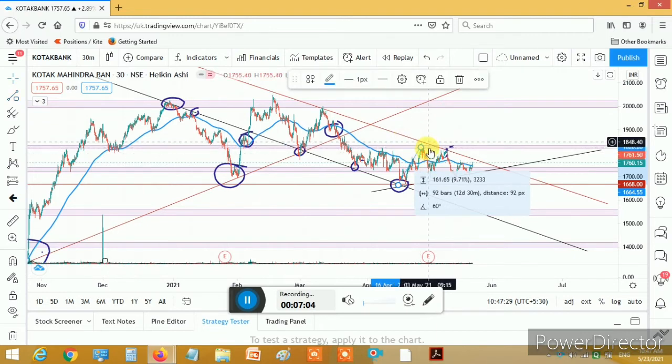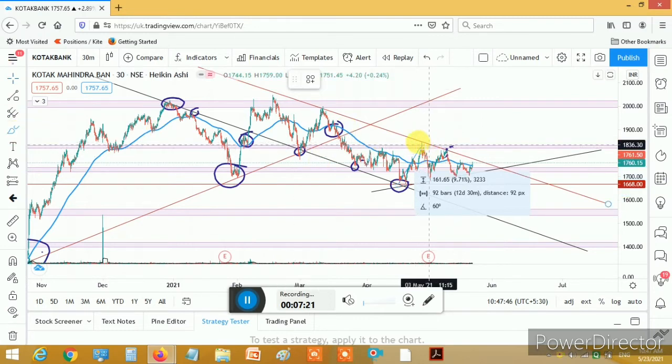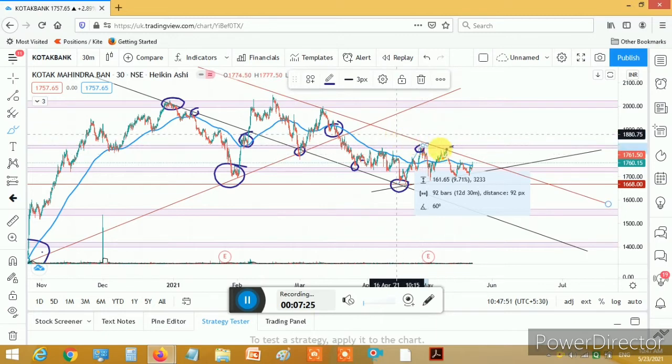At this particular location you can see there is a top side channel line and this horizontal support, so we have a target point here. Above that we know there is a chance of reversal at this location, because there is a horizontal resistance also, and along with the inclined line you can see it is rejected at this point.